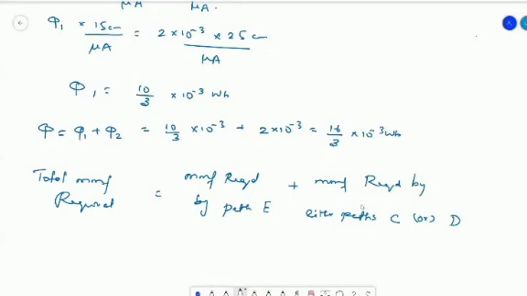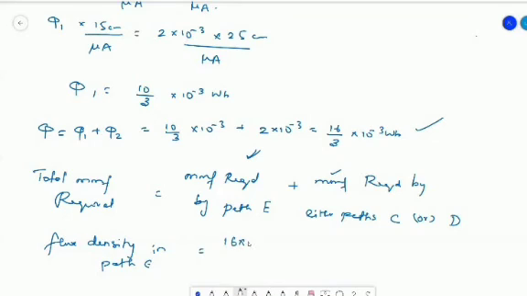So what is the data? First of all, we want to know the flux density in the path E. So we know the flux, we have obtained it here. So once we know the flux, obviously we can find the flux density, because the area of cross section is also known to us. It is given in the question to be 4 centimeter square.